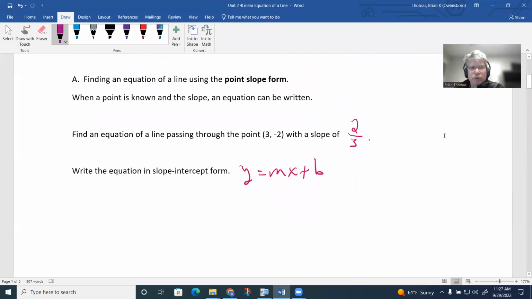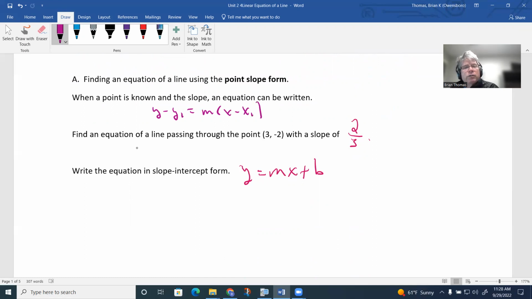So if they give us this question, find an equation of a line using the point slope form. So again, when a point is known and a slope is known, we can create an equation. And we can use the notation y minus y1 equals m times x minus x1, the point slope form.